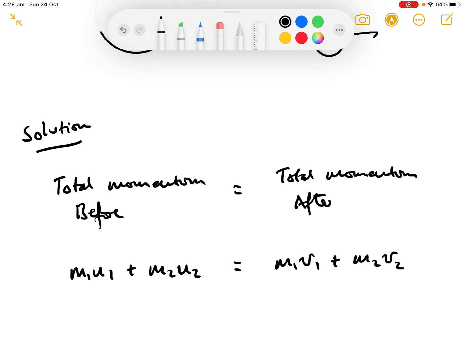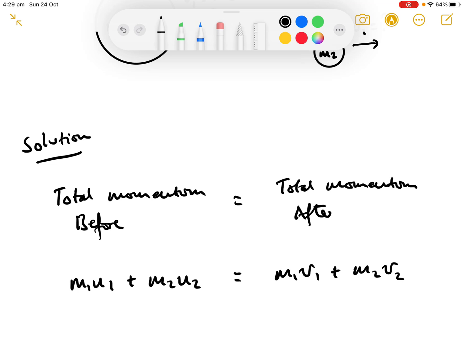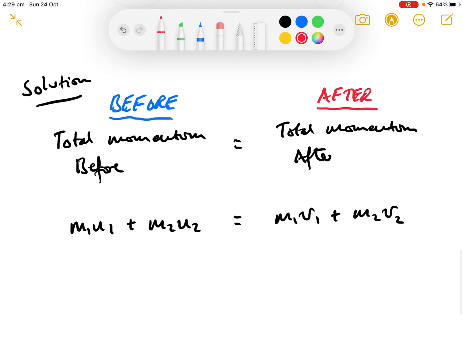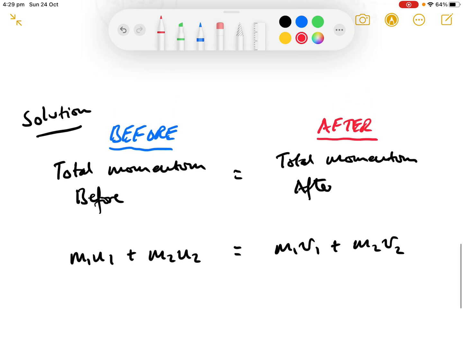Okay, momentum, remember, is mass times velocity. And you can see that everything on the left of the equation relates to before the collision, and everything on the right relates to after. So that's the way to set down your working. Make sure it's before and after.